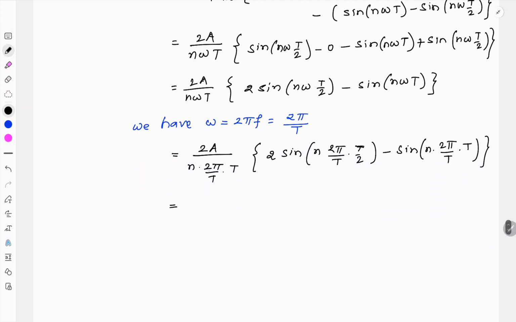So here the 2 gets cancelled out, and this T also gets cancelled out.